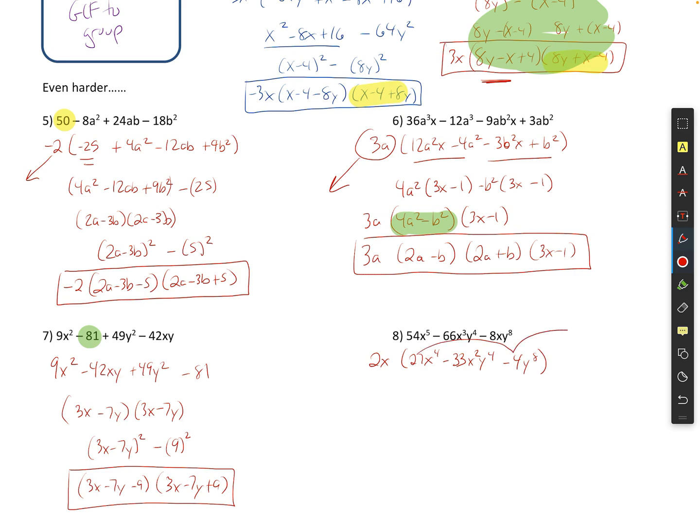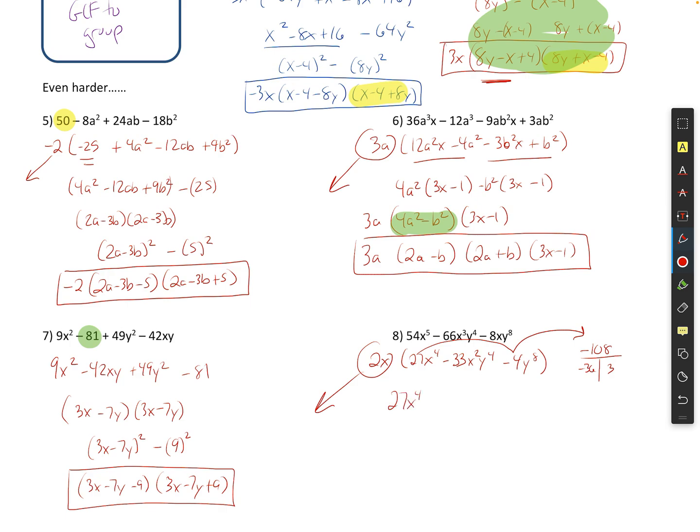All right, so split the middle term. 27 times negative 4, negative 108. What factors of negative 108 add to negative 33? Negative 36 and 3. Toss you off to the side.